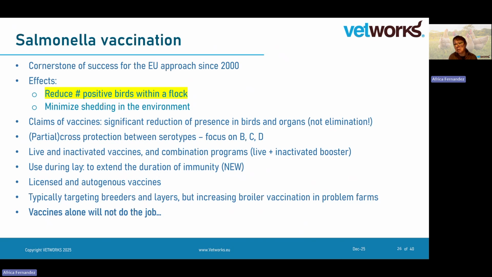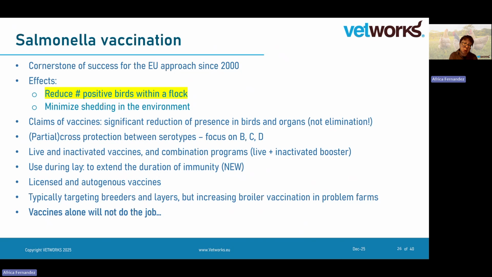Ideally, what has been shown to be the most successful vaccination program is a combination of live and inactivated, and even now there are products that could be used safely in lay.